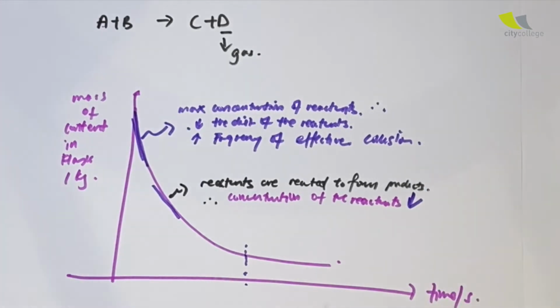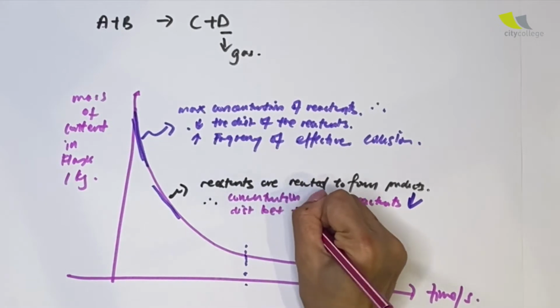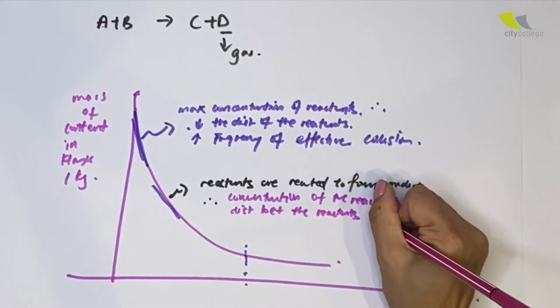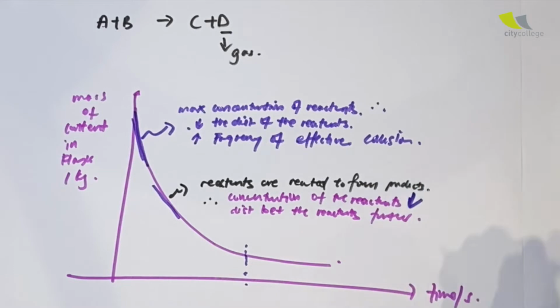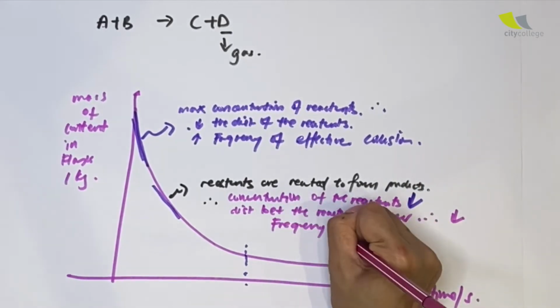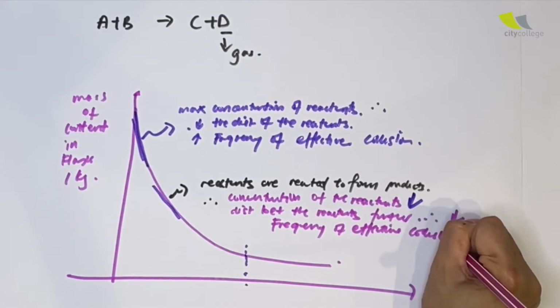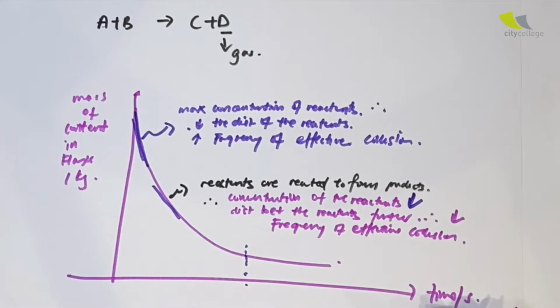When it's decreased, the distance between the reactants is further, or increases. Therefore, they decrease the frequency of effective collision. Therefore, the rate of reaction decreases.